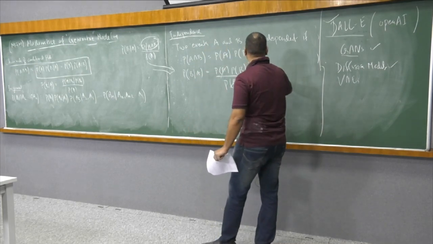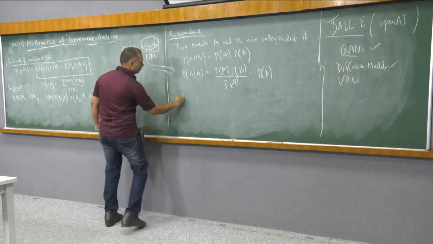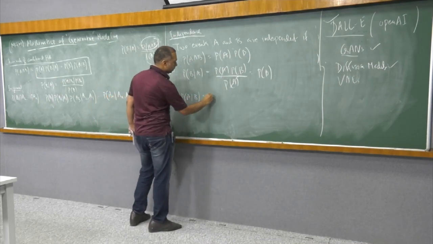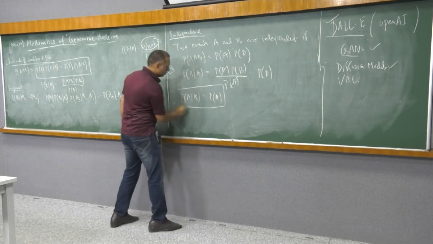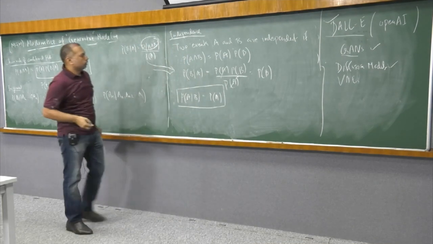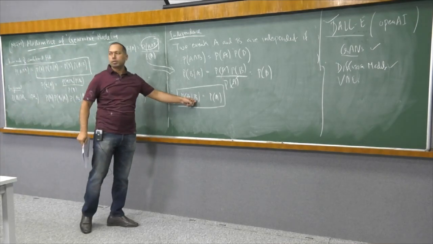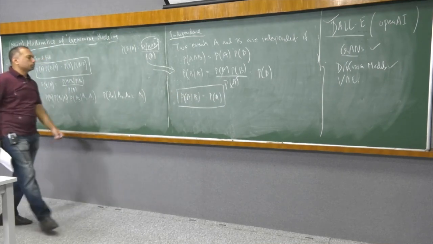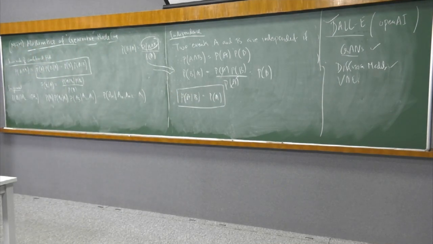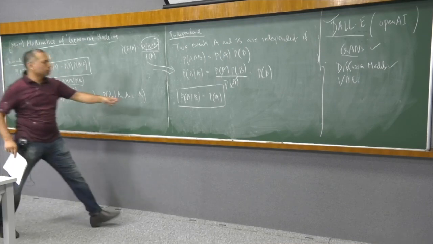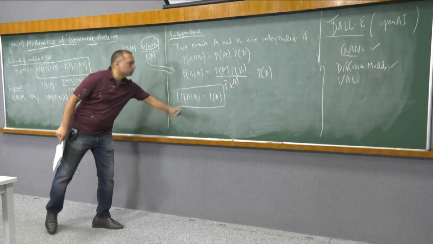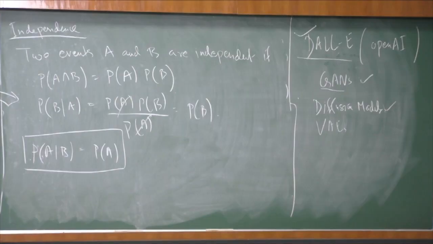So this is probability of B, and similarly, the other way, probability of A given B is just probability of A. So independence essentially means that the fact that A has happened does not affect the probability of B, and vice versa. B did not reduce the sample space on which A was being expected. Otherwise B would have reduced the sample space for A, and then it would not have been just A.